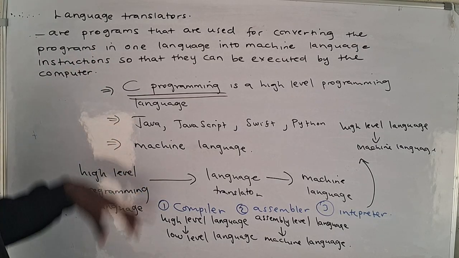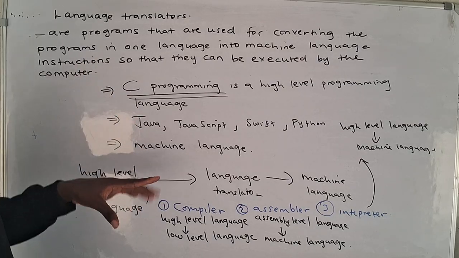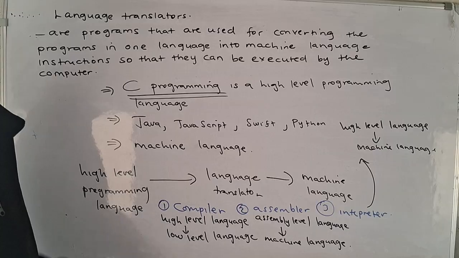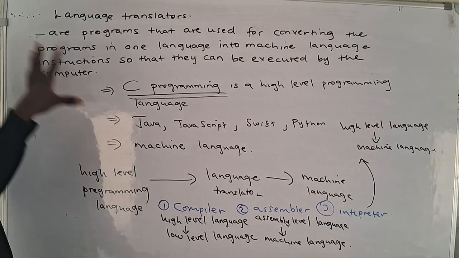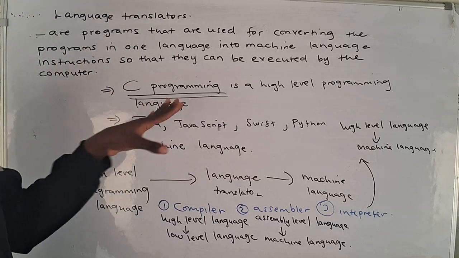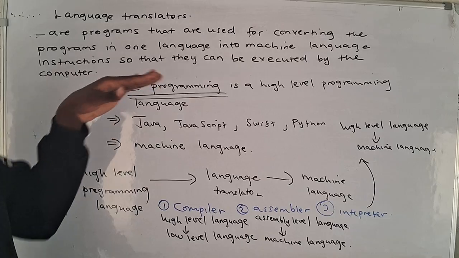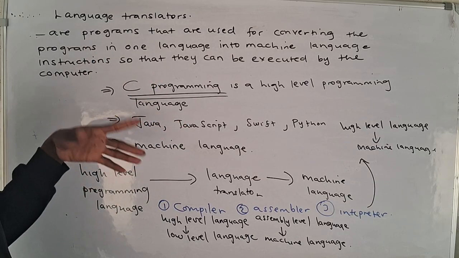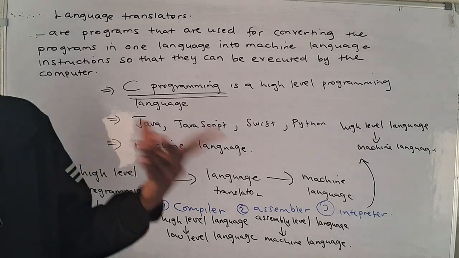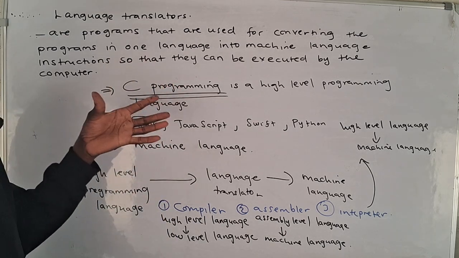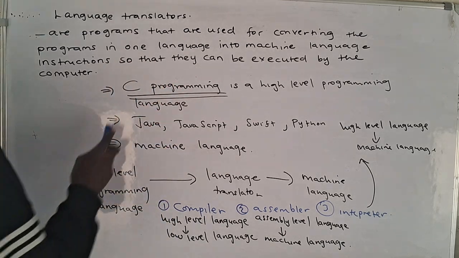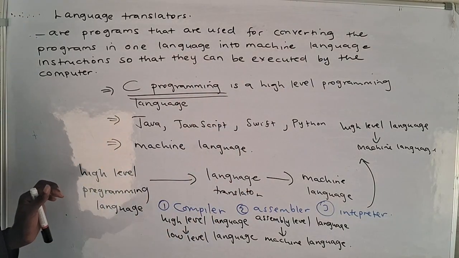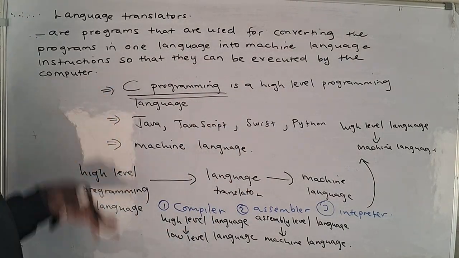The compiler will tell you after going through the entire program that there is an error. So using a compiler is faster, because the compiler checks all the statements in the program.